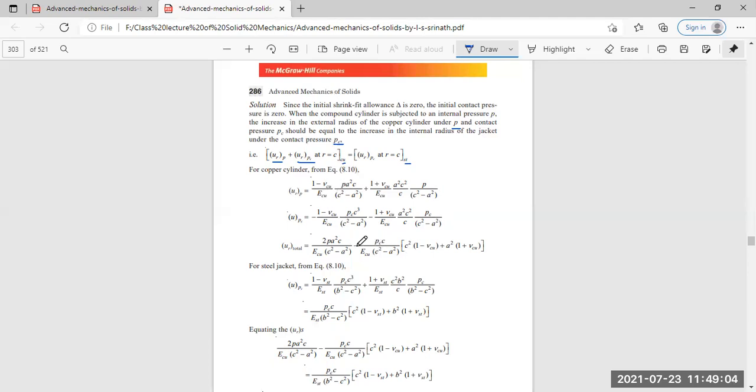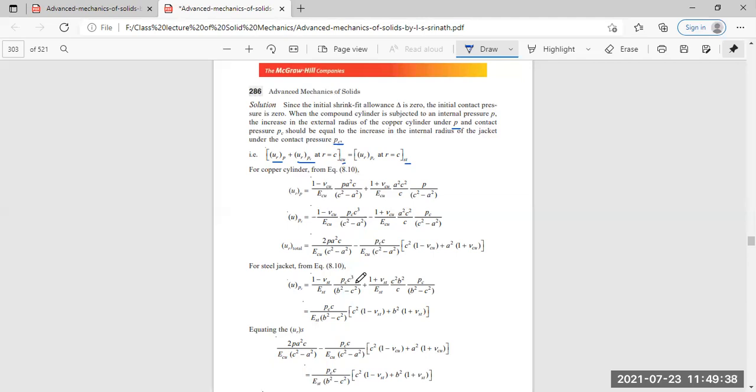So we are just subtracting them from each other, and we can make certain simplifications to reach this particular position, where P, A, C and E are all known to us. Next, for the steel jacket, we know the same equation; we have to put in the Poisson's ratio of steel, the Young's modulus of steel, and the internal radius C remains as it is.